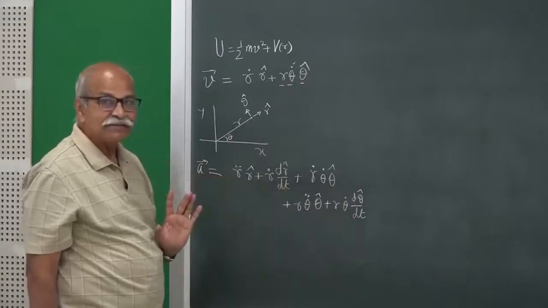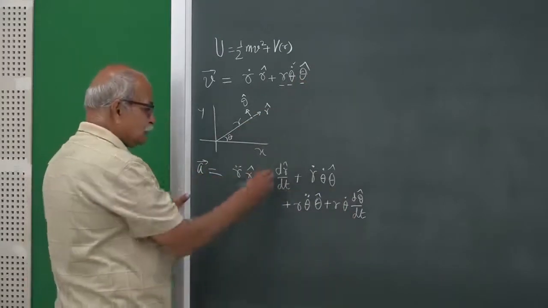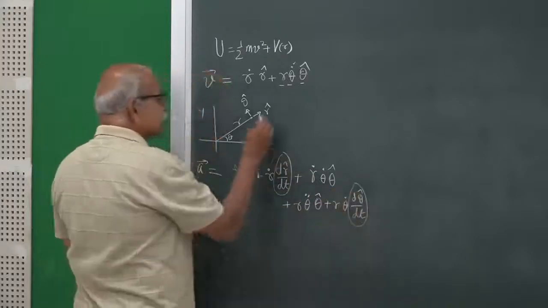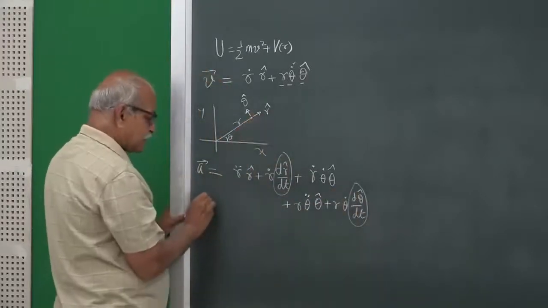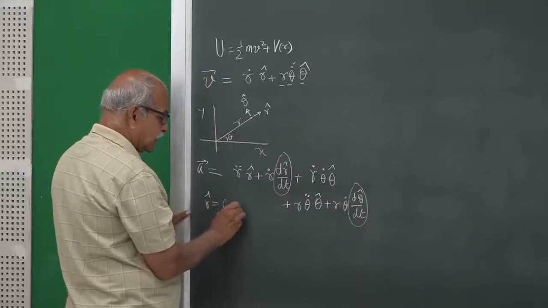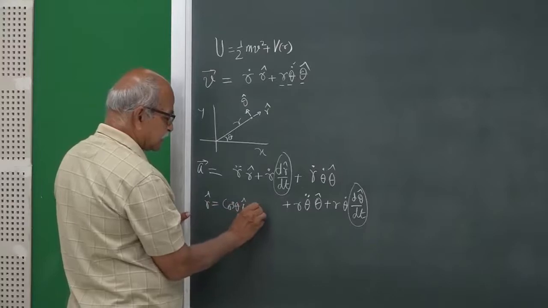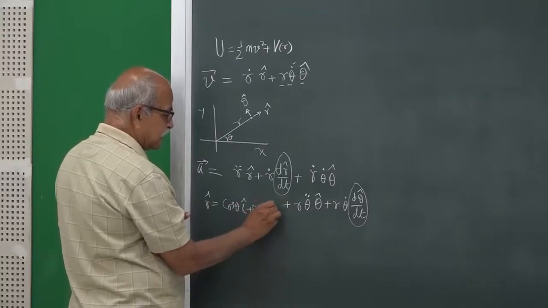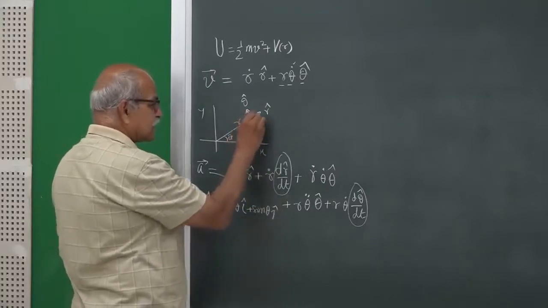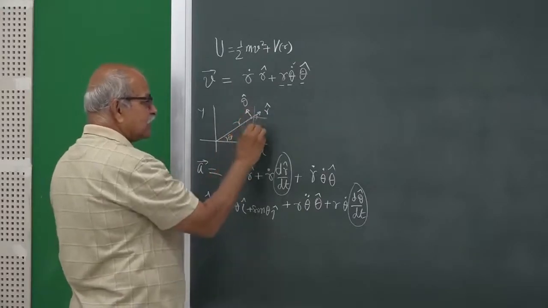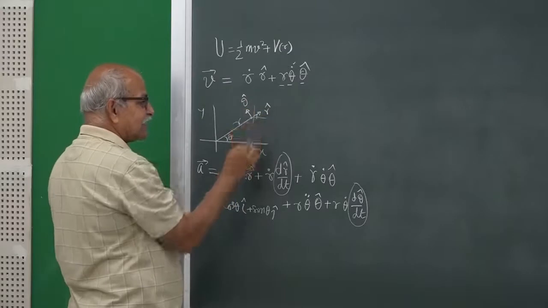So, you write this way, and then you know how to write this. This r cap is cos theta i cap plus sin theta j cap, because this is the x axis. So, this is the x direction, this is the y direction, this angle is theta. So, this r cap you can decompose in cos theta, sin theta.